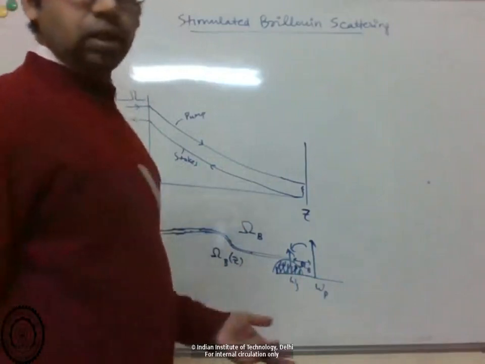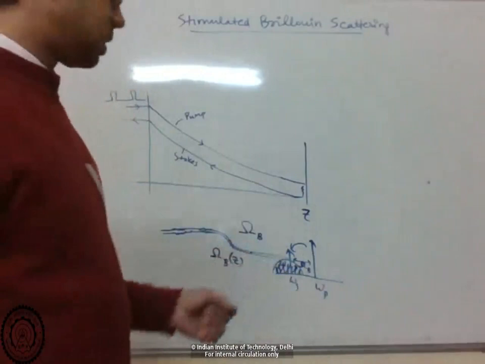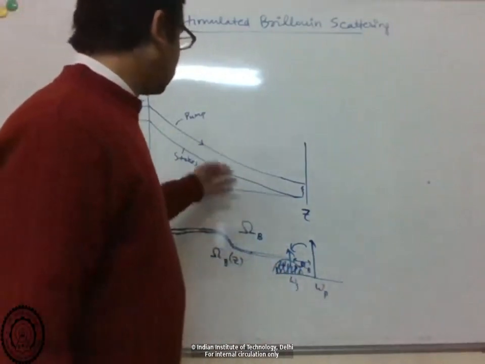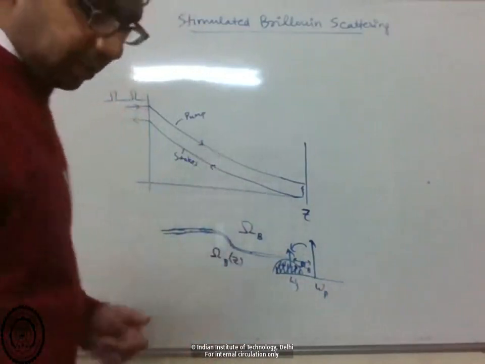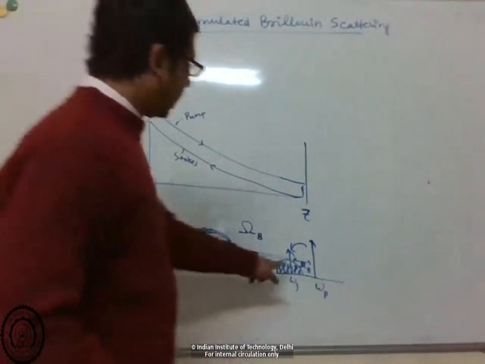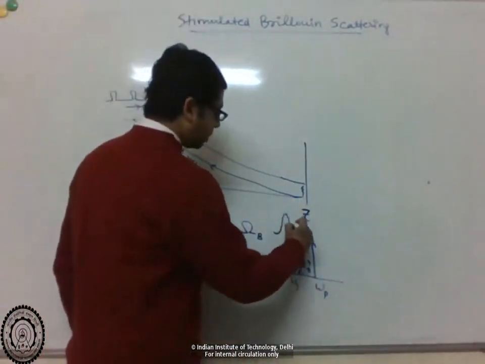But then as the quality of the fibers kept increasing and they became smoother and more homogeneous, you start going towards this ideal case. You can also think of this in terms of the Brillouin line width.